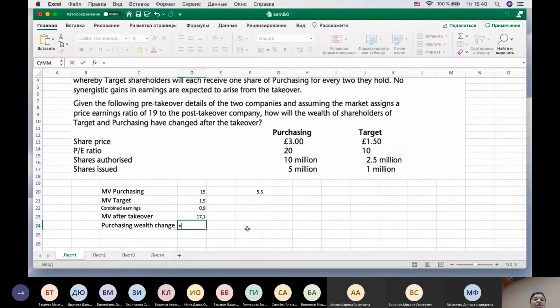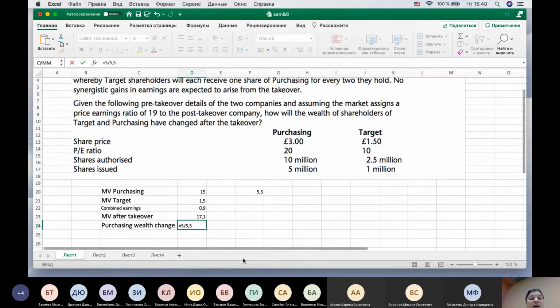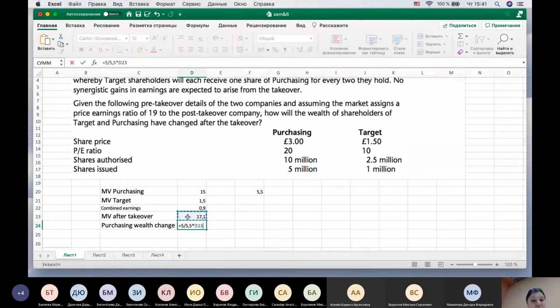It will be the weight of purchasing shareholders in the total amount of shares, 5 divided by 5.5, the old amount of shares of the purchasing company divided by 5.5, multiplied by the market value after takeover.